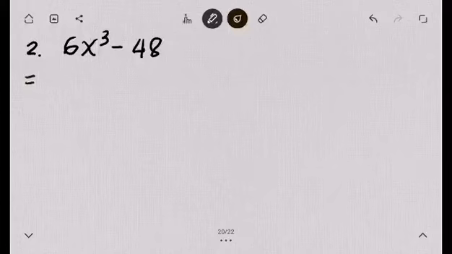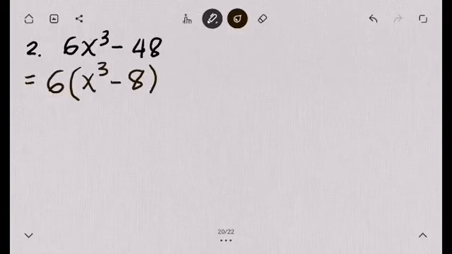So common monomial factor. So in this case, ang GCF nila ay 6. So 6x cubed divided by 6 is x cubed. Copy yung sign, 48 divided by 6 is 8. So yung term na nasa loob ng parenthesis, sila ay mga perfect cube terms na.